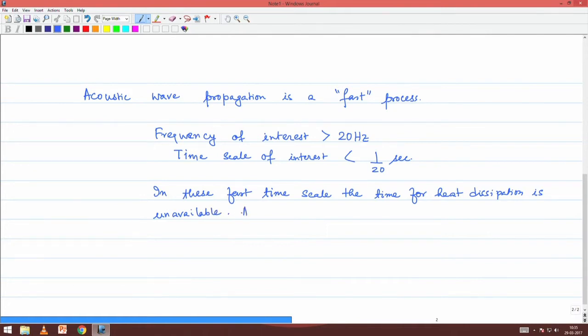As a result, the process can be approximated as an adiabatic process.